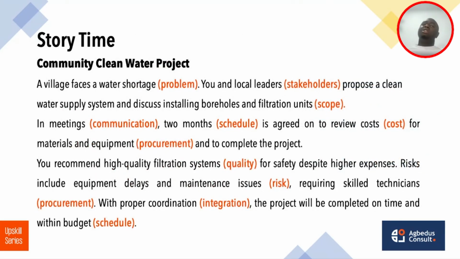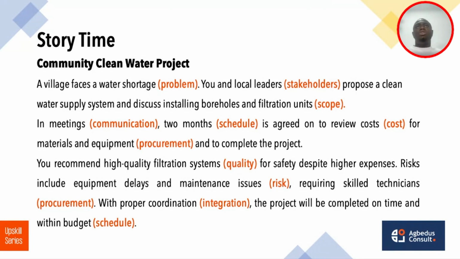We move on. This is a story I generated for us to make this session more practical. So, story time: there's a village which is facing a water crisis or water shortage, and as a result, you as a citizen or an indigene of that land decided to meet the local leaders to propose a clean water system.